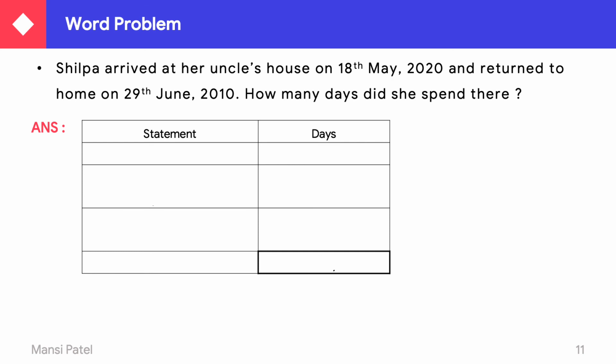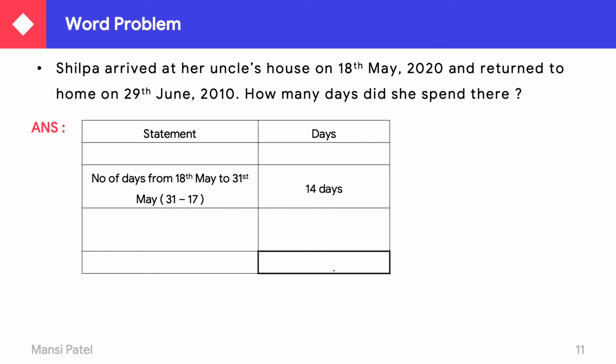Now she arrived at her uncle's house on 18th May, which means on this 18th May she reached there. So we don't want to count this 18. So we just write the number of days from 18th May to 31st May. So 31 minus 17.